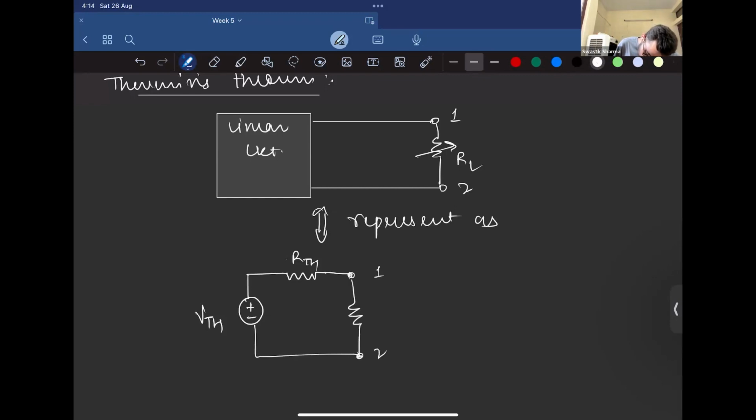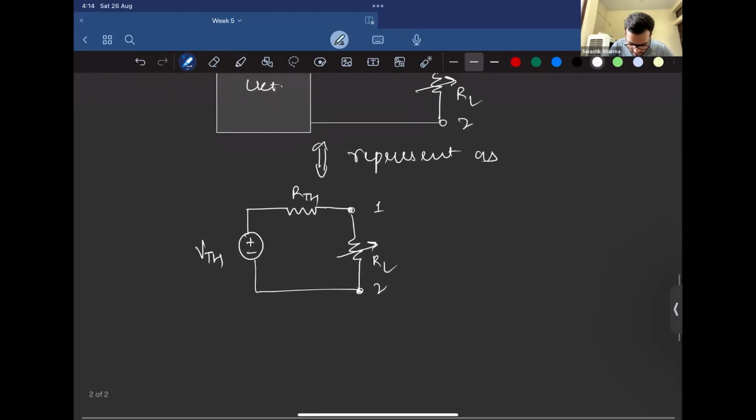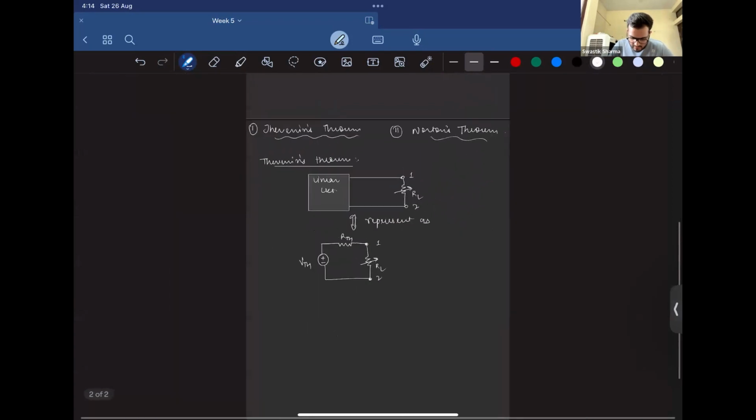So what we did, we removed that load and reduced the linear circuit to a Thevenin voltage source and a Thevenin resistance, right?